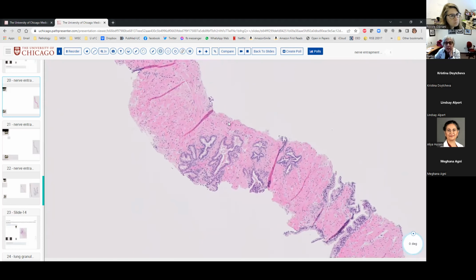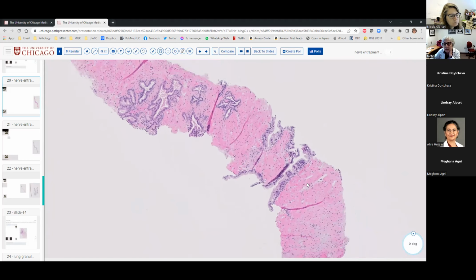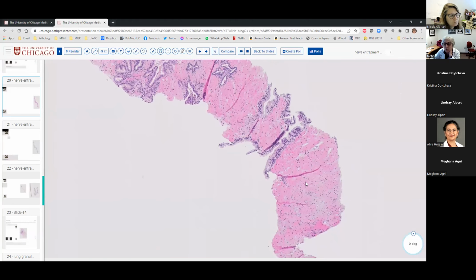But if you look in here, you see nicely organized lobules of glands, even though some of them are obviously atrophic. You can see the shapes are irregular, which is typical for atrophy. And there is actually an attenuated layer of epithelial cells. This, on the other hand, looks like a more normal gland with a normal amount of cytoplasm and normal nuclei.